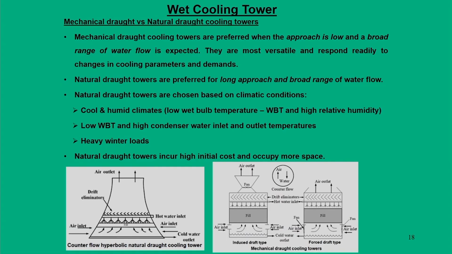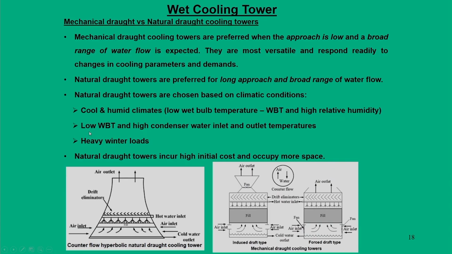And moreover, if you want to see the difference between the mechanical draft and natural draft cooling tower, the essence of using a natural draft cooling tower is that they are suited for cool and humid climates, for which we have low WBT, that means low wet bulb temperature, and high relative humidity.